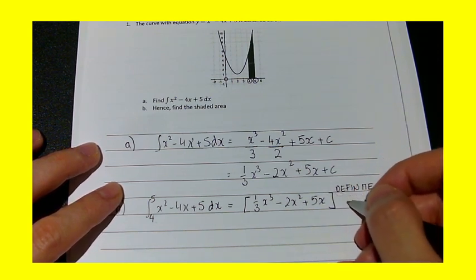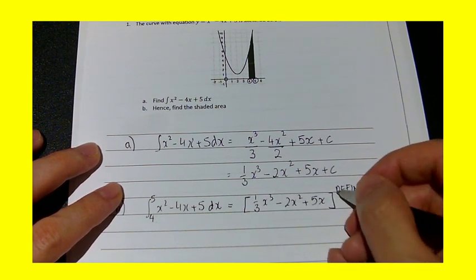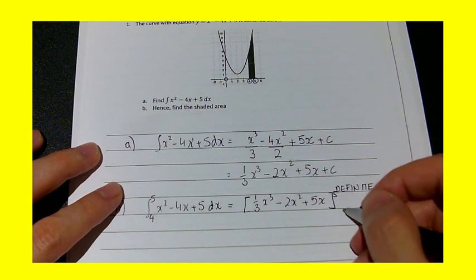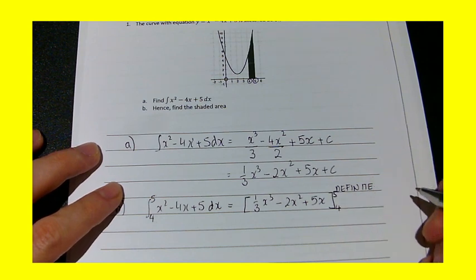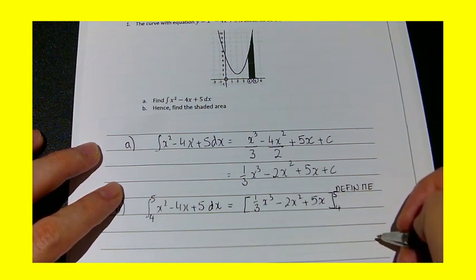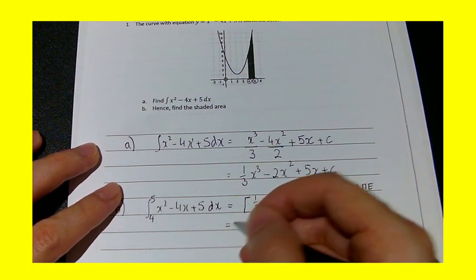Then what I do is I have to use these square brackets, and outside the square brackets I'm going to put the number 5, which is the uppermost limit, and the number 4, the lowermost limit, at the top corner and the bottom corner. And what I'm now going to do is substitute in these values and find out what the area is.